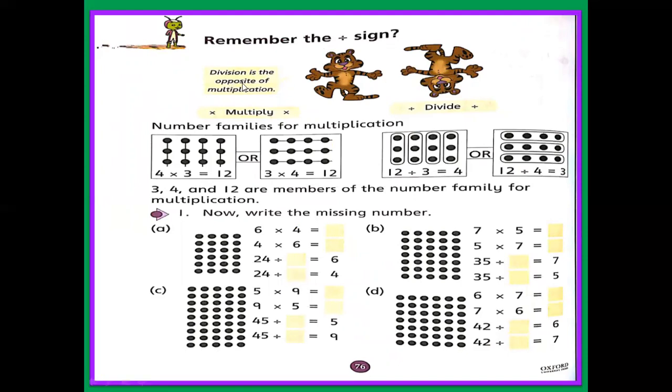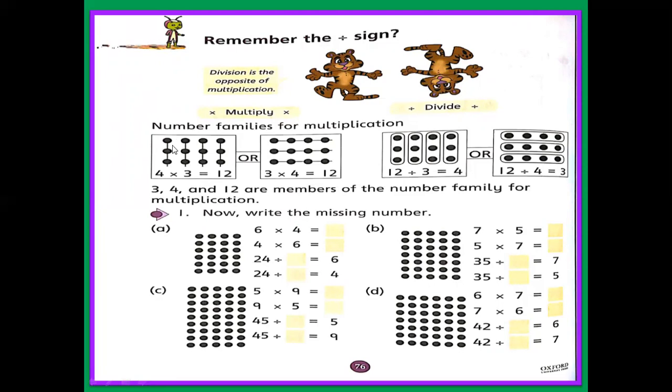Division is the opposite of multiplication, like subtraction is the opposite of addition. So we use this sign for multiply, and this sign, one dash and then two dots up and down, is used for division, the number families for multiplication.